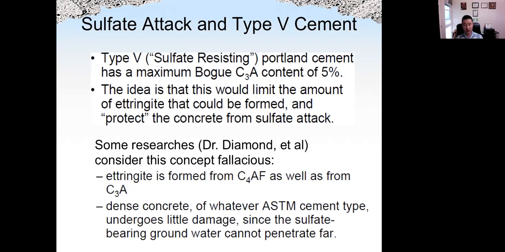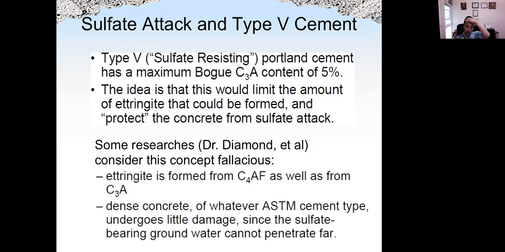And here we talk about sulfate attack and type 5 cement. Type 5 cement is a sulfate resisting cement that limits the amount of C3A to less than 5%. The idea is to limit the amount of ettringite that could be formed and protect the concrete from sulfate attack. But some researchers consider this not very effective because, first, ettringite can be formed not only from C3A but also from C4AF.